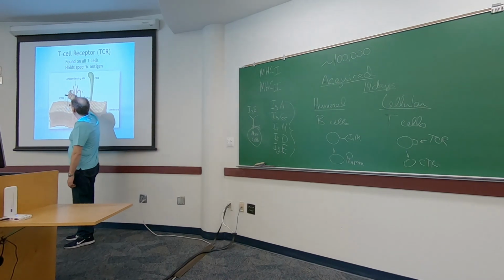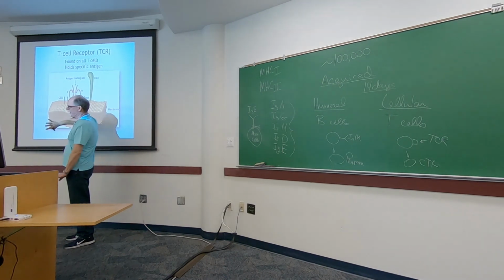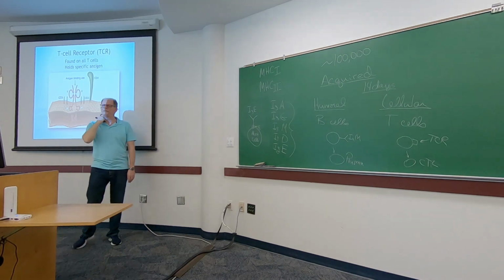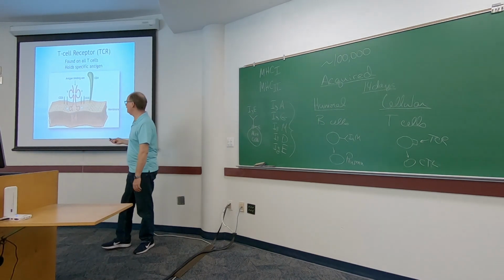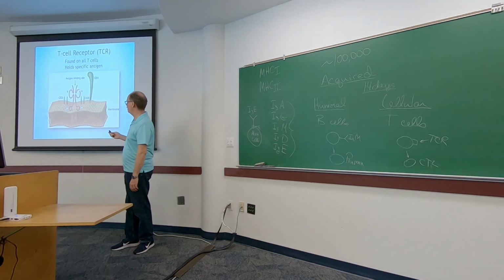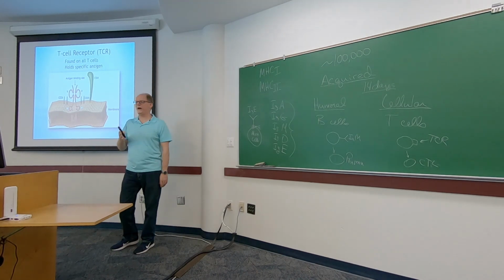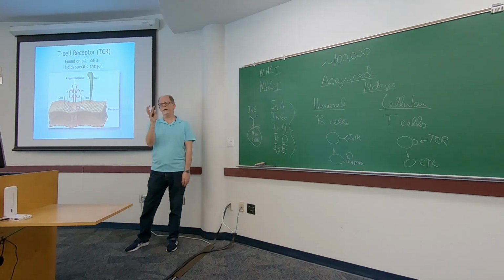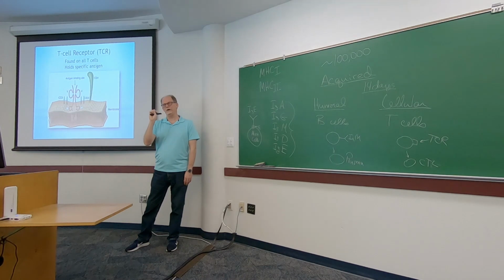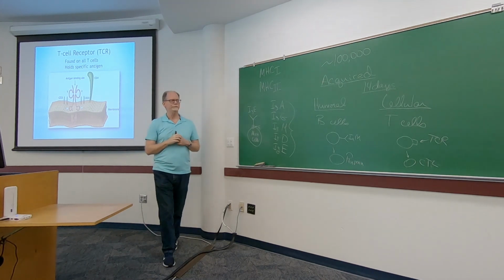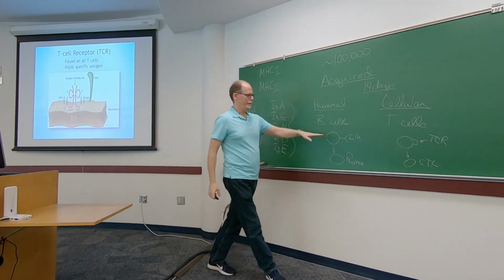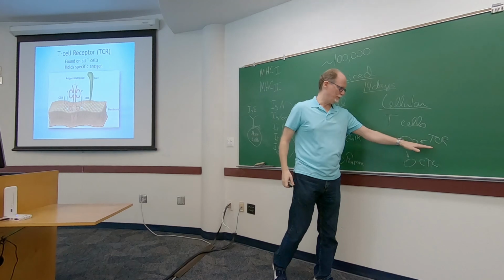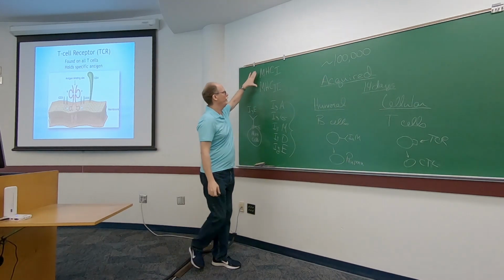This is the protein. I don't know how they get that shape, but it's a protein, and they put the V there to say there's a portion of this protein that varies so that you can have, say, 100,000 different locks for 100,000 different keys that would fit each lock. This one's specific, these are not.